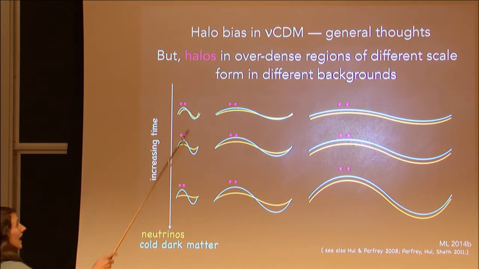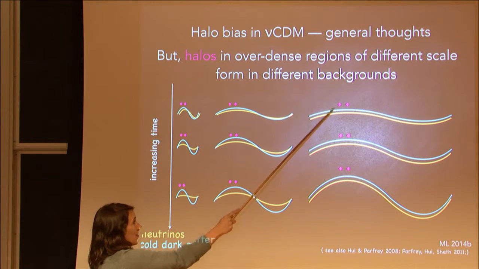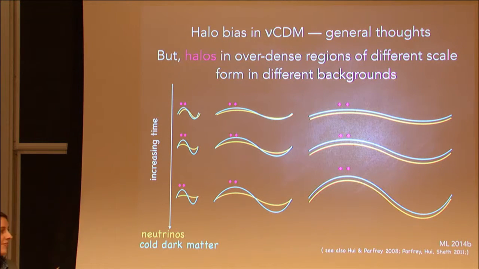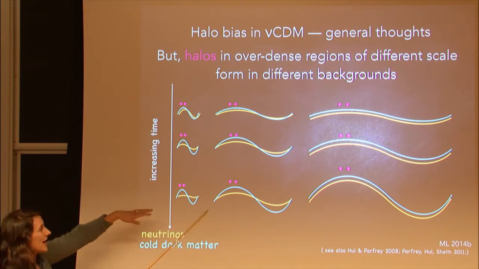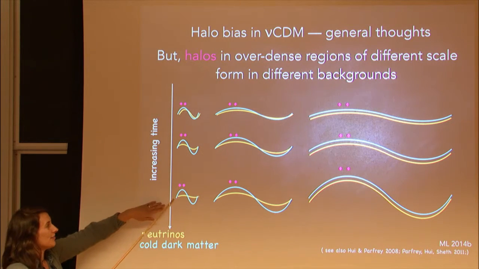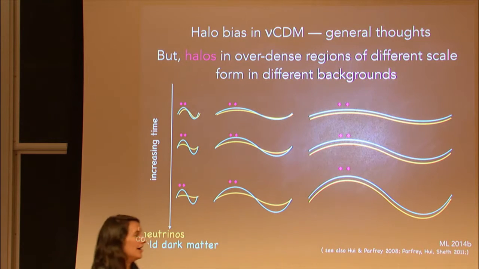If I start at some early time where I have the same amplitude of density perturbations up here, that's going to make it easier for these guys to collapse, say, and form halos. If I compare at a late time, the final background density perturbation will be a little bit smaller than it will be here.